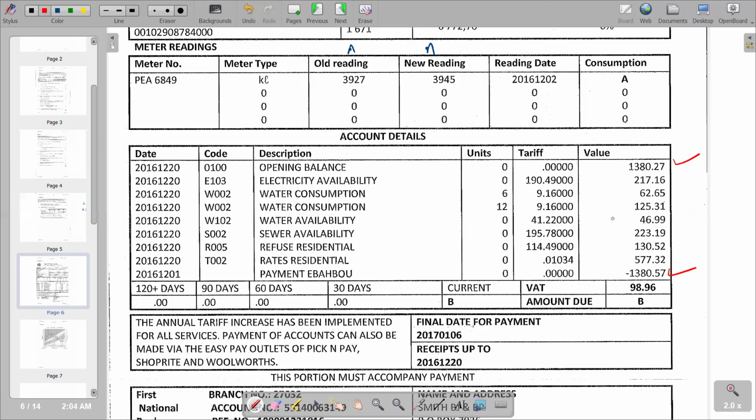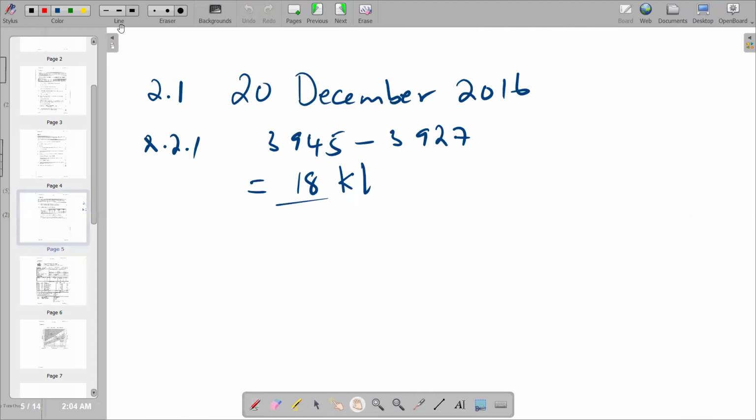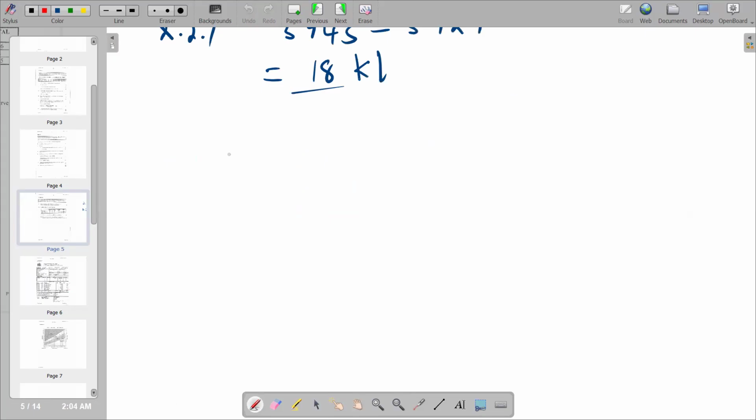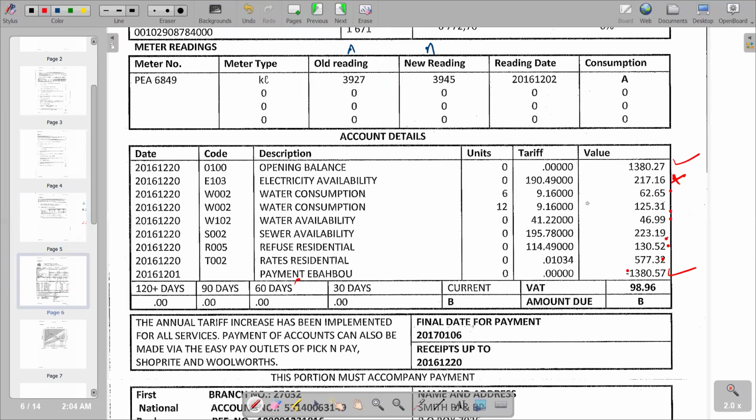Then the total that we get is the total for June. We refer to the information that we are given: 217 rand 16 cents.